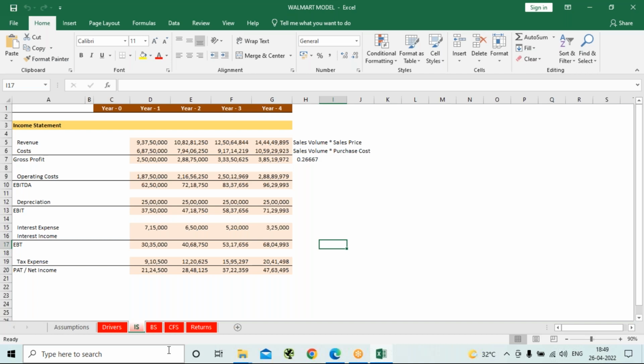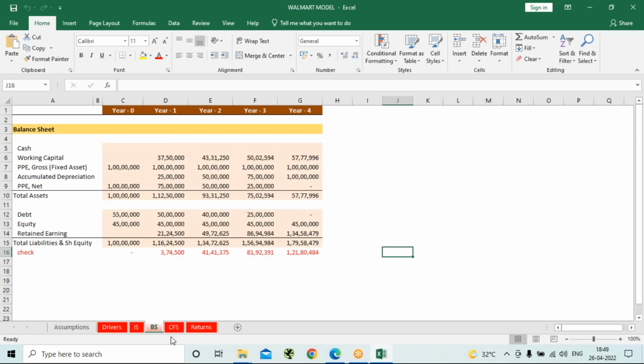values. So after calculating the income statement, we got the net income, that is the profit after tax. The same value was connected to the balance sheet, and we calculated the retained earnings, and in the same way the accumulated depreciation.